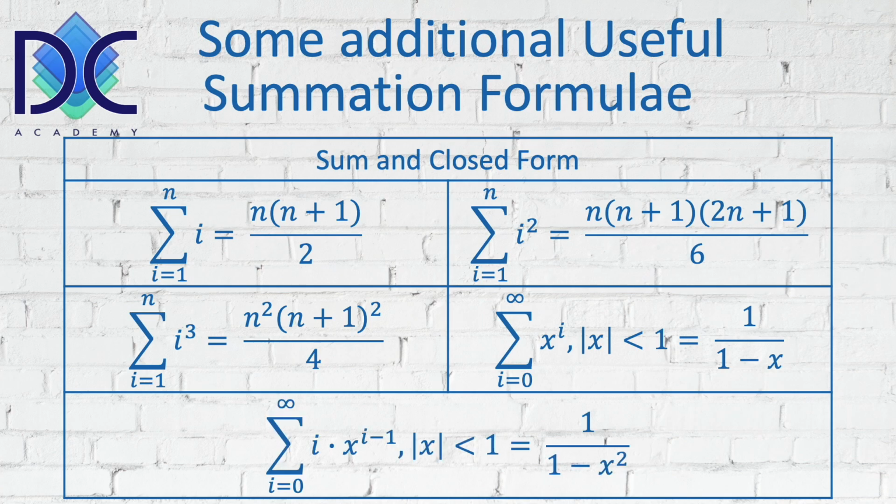We have another infinite sequence for i going from 0 to infinity, with the term i times x to the power i minus 1. Again, for the absolute value of x smaller than 1, this is equal to 1 divided by 1 minus x squared.